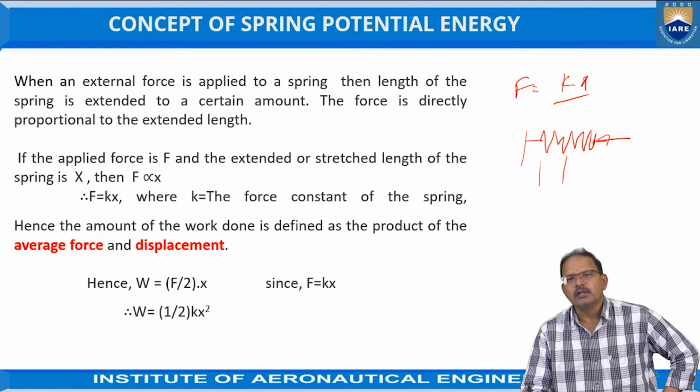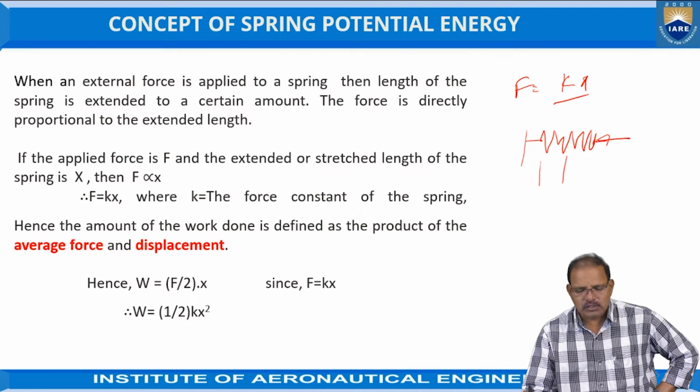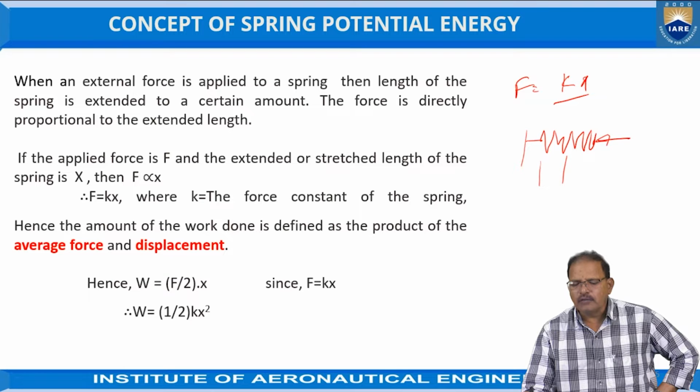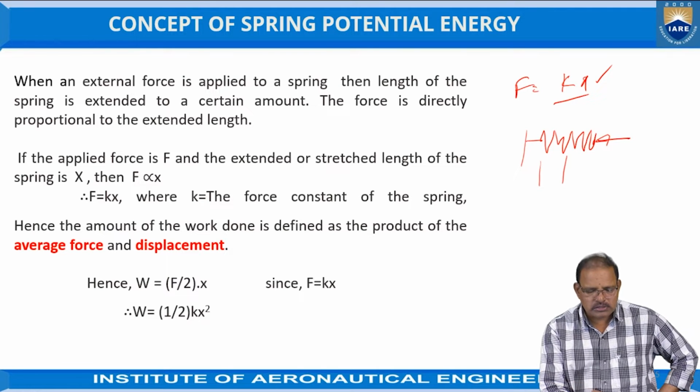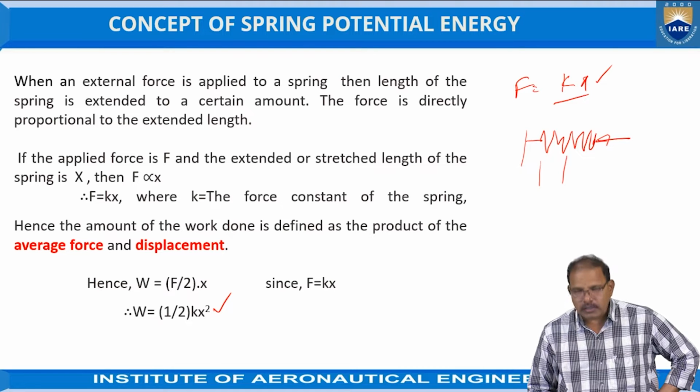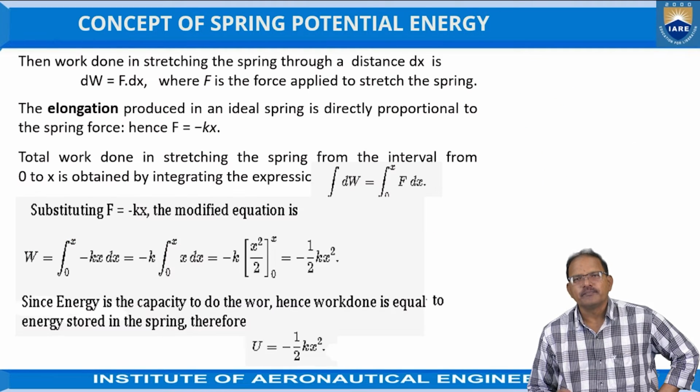The average force is equal to (0 plus F) by 2, where F is equal to kx, and k is known as the proportionality constant. Hence, work done is equal to force into distance, that is 1 by 2 into kx into x, hence W, the work done, is equal to 1 by 2 kx square.